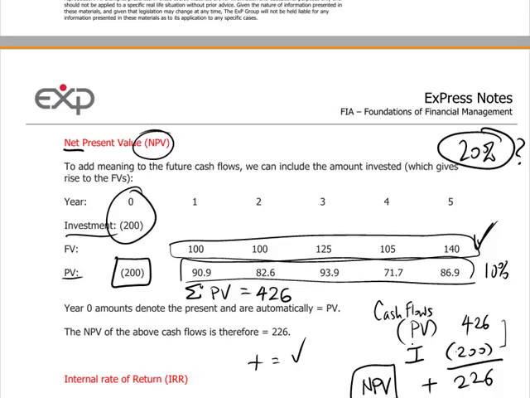So this stays the same, but the future cash flows to be derived from the project over the 5 years would need to be discounted because they're riskier than we presumed before and therefore deserve to be discounted at a higher discount rate. Would that lead to a positive or to a negative net present value?